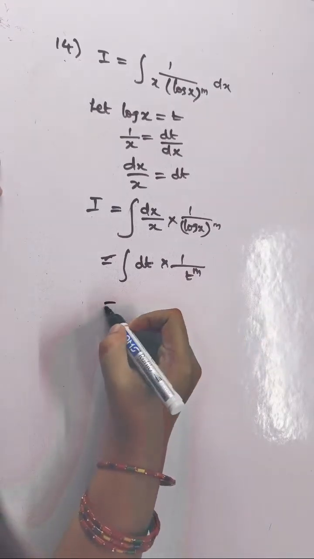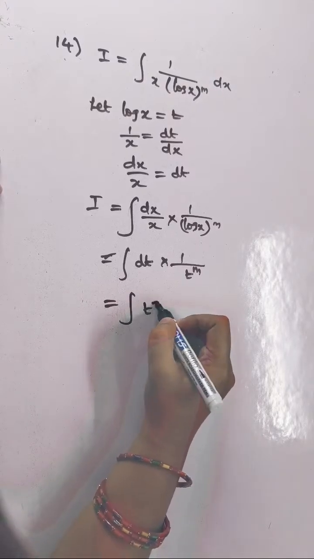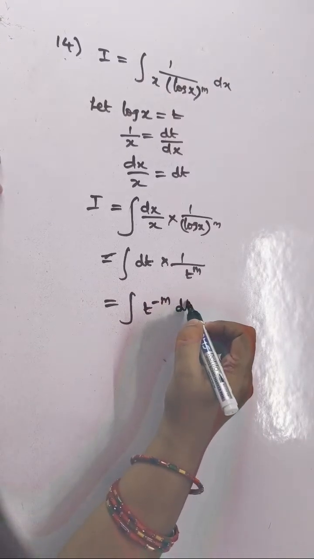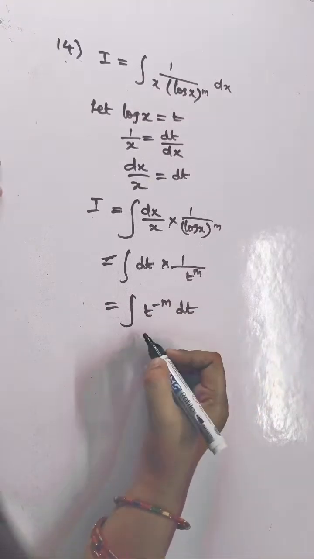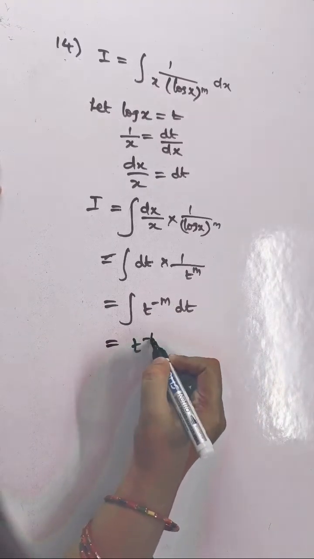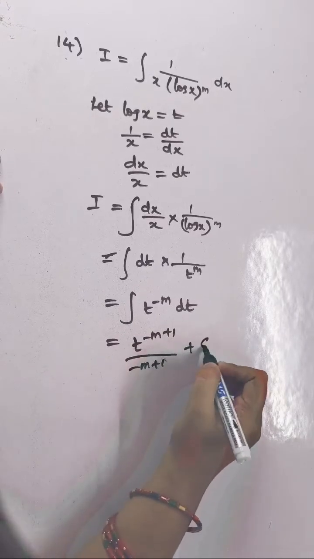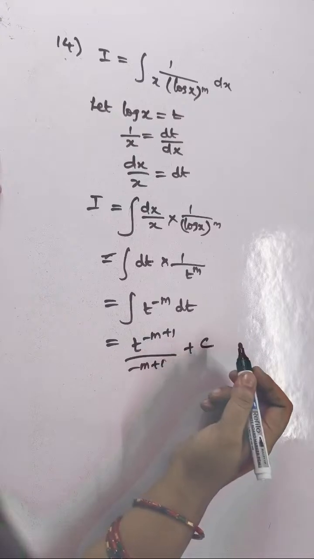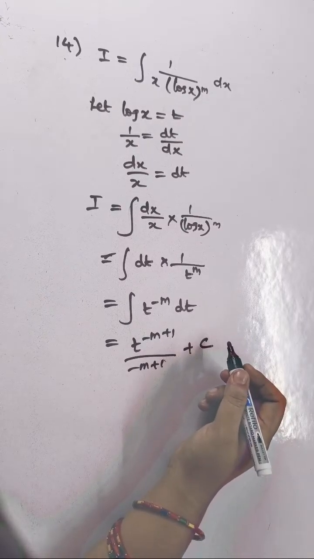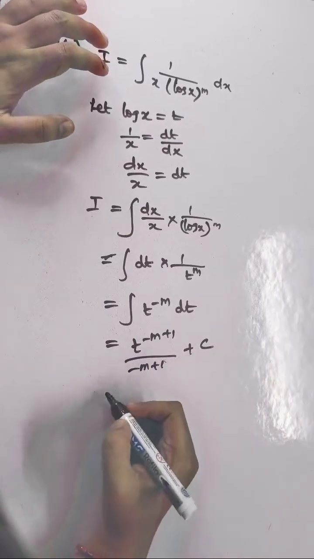Take this t power m to the numerator, that will become minus m. Use the power rule. So t power minus m plus 1 by minus m plus 1, plus c. So minus m plus 1 or 1 minus m, both are same. Express this t in terms of x.